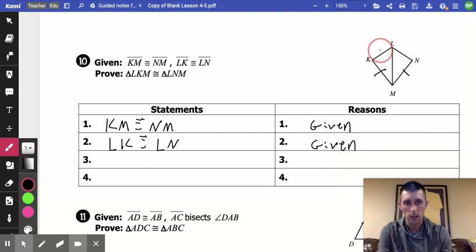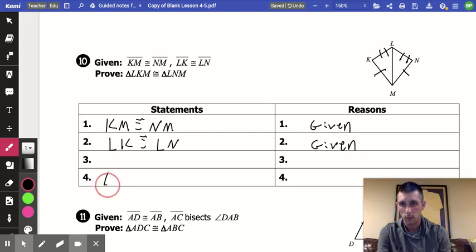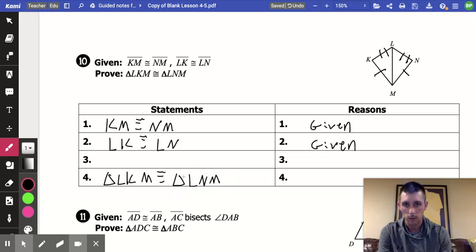So LK and LN. All right, what are we trying to prove? Because we don't have any more givens. Triangle LKM is congruent to triangle LNM.